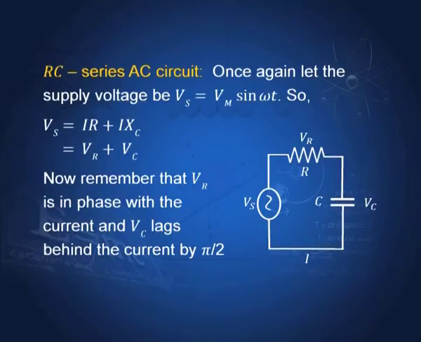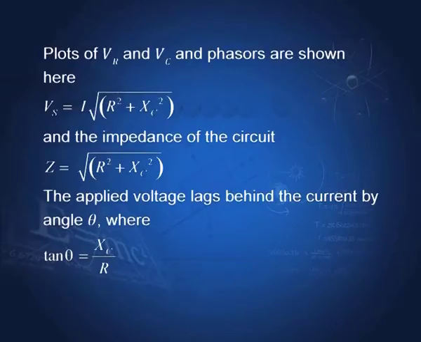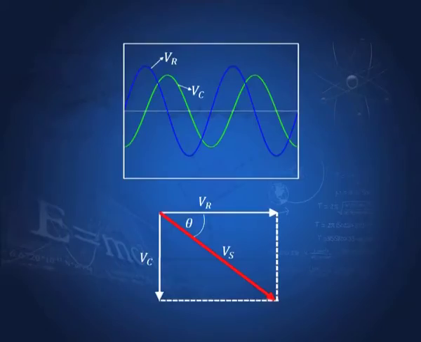We can do the same thing with the RC circuit, the same steps, and you can get Vs is equal to I times the square root of R squared plus Xc square. Xc is 1 by C omega, the reactance of the capacitor, and here are the voltages VR, this blue line, and Vc lags behind VR.